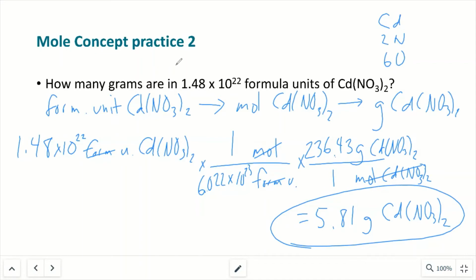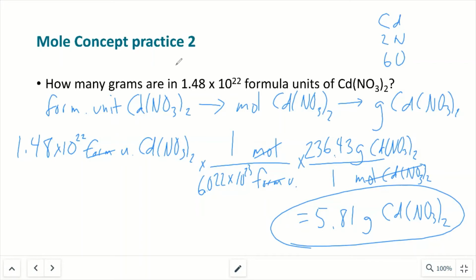Those are the three types of conversions that we can use in this kind of problem. It doesn't get any more complicated than any of those. Just a matter of figuring out which one that you need and making sure that you set it up correctly so that you can see and cancel out the units as you're going through it.